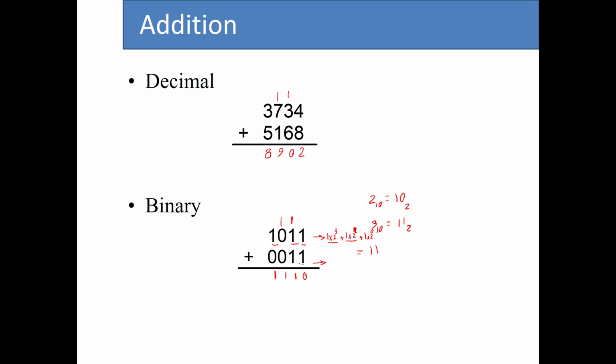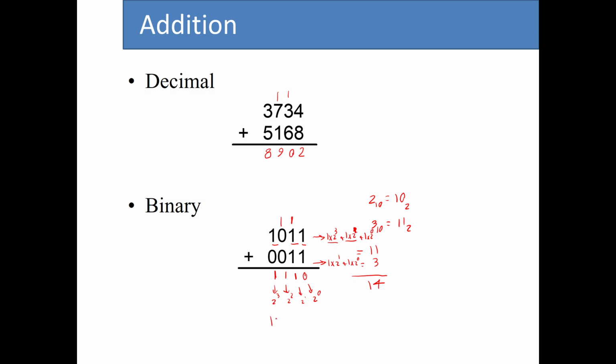For the second number, we have 1 multiplied by 2 to the power 1 plus 1 multiplied by 2 to the power 0, and the result is 3. So now, if we add these two together, the result should be 14. Let's see if the result is 14. Again, this is 2 to the power 3, 2 to the power 2, 2 to the power 1, and then 2 to the power 0.